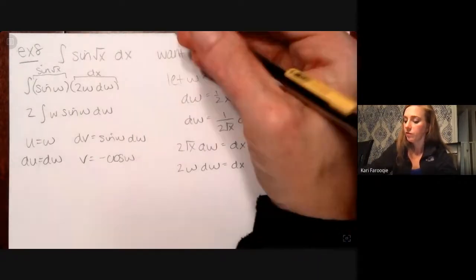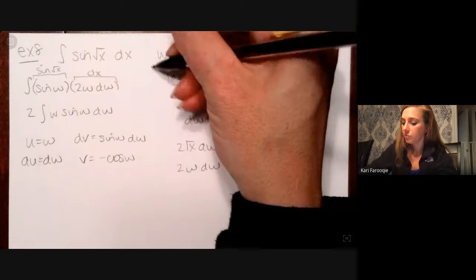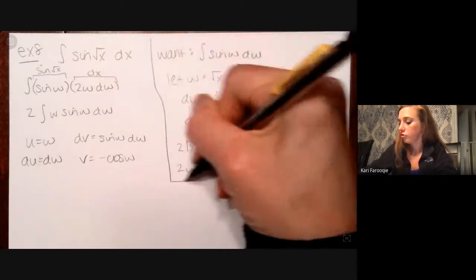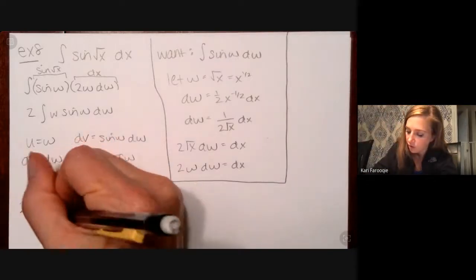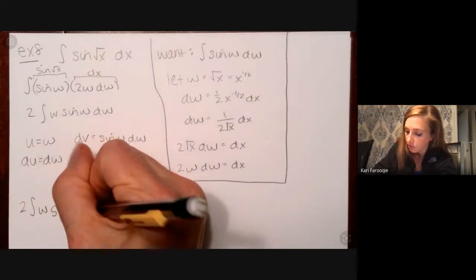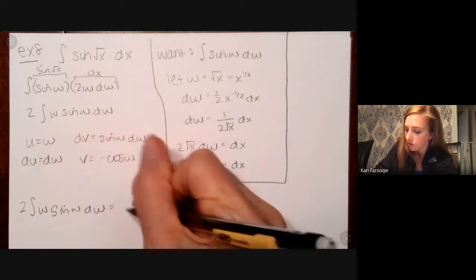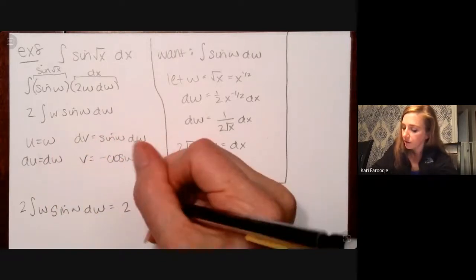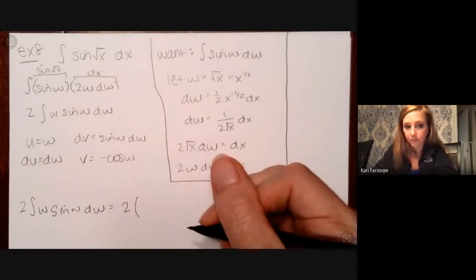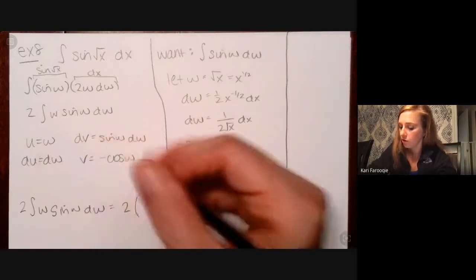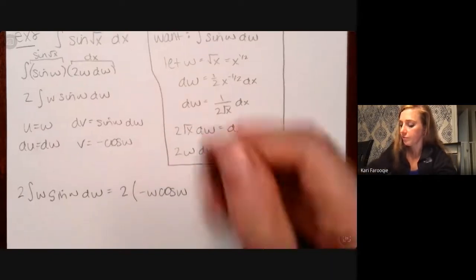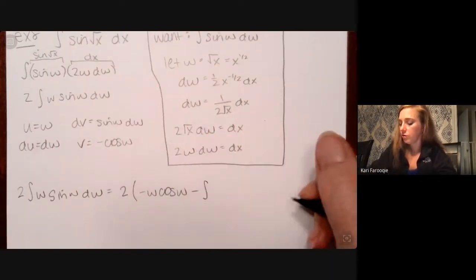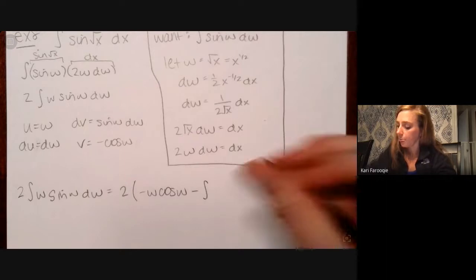I want to split this off just because this is my substitution information, which is separate from what's going on with my parts. So 2 times the integral of w sine w dw equals twice uv, which is going to be negative w cosine w, minus the integral of v du.